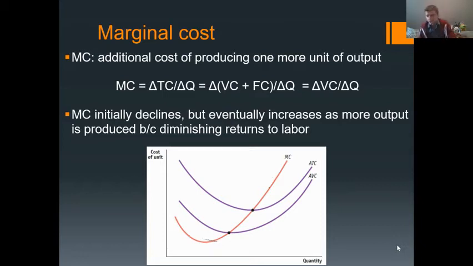So if you are moving from a quantity of 1 and your variable cost is 10, and your next quantity of 2, your variable cost is 15, then your marginal cost is 5. That's how you figure that out. Your marginal cost at a quantity of 2 is 5.